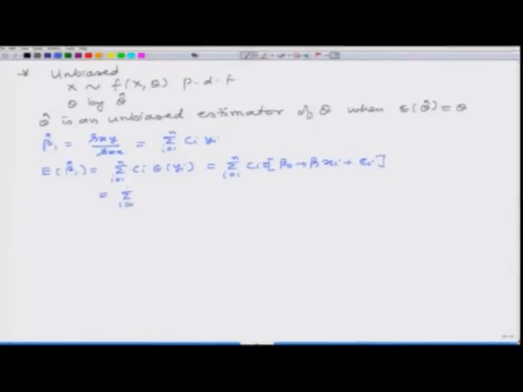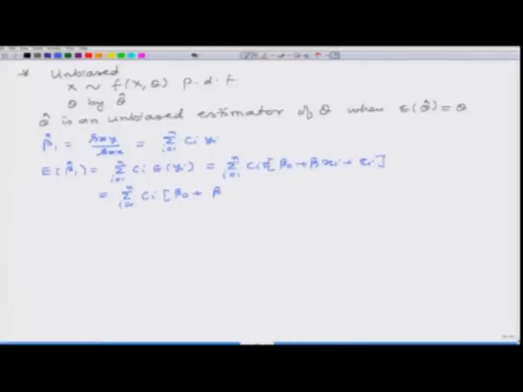This becomes beta 0, because beta 0 is a constant, a fixed value, and beta 1 times expected value of xi, which is again xi, because we have assumed that xi is non-stochastic, and then the expected value of epsilon i, which we have assumed to be 0, right.